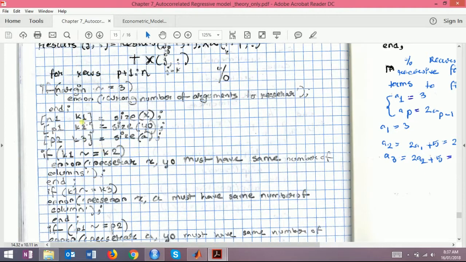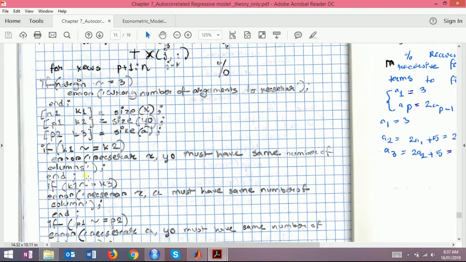If k1 does not equal k2, the message says Recursive x and y0 must have the same number of columns. So you see k and k for x and y0, they must have the same columns. Otherwise, it is not equal.